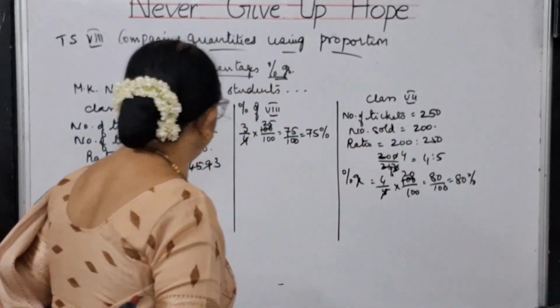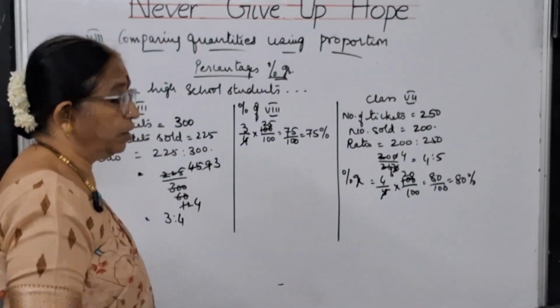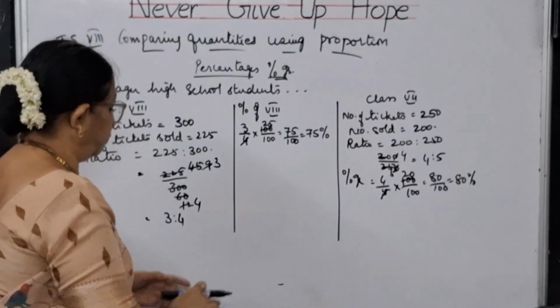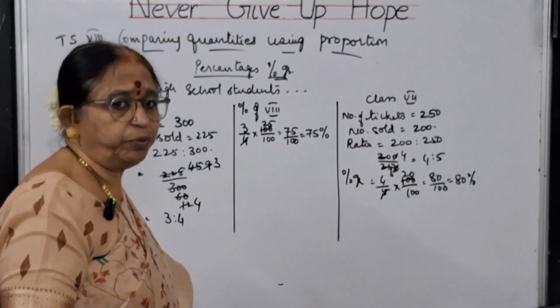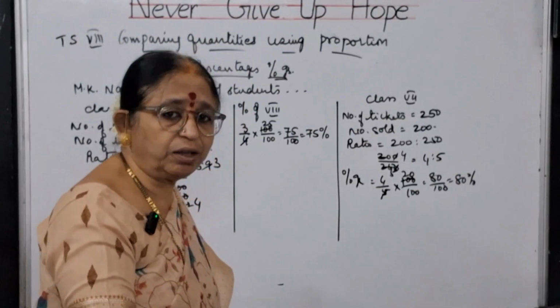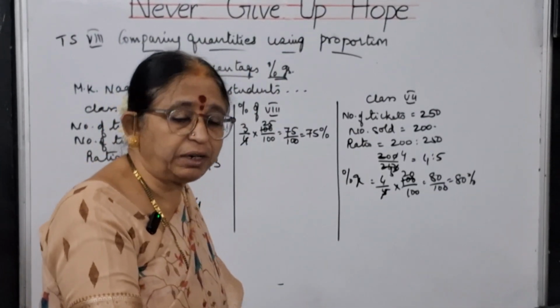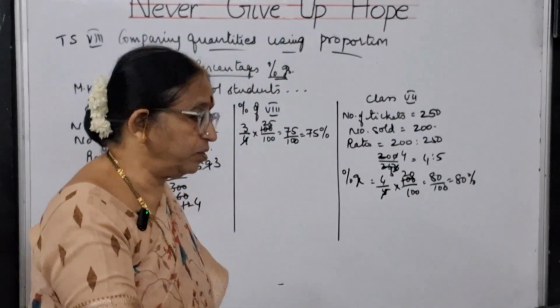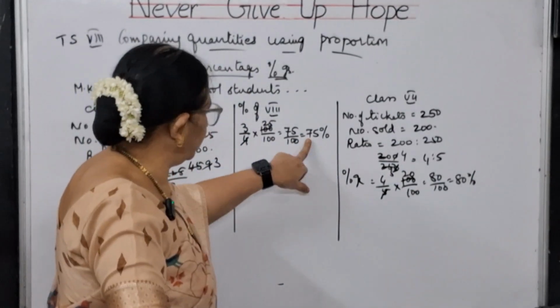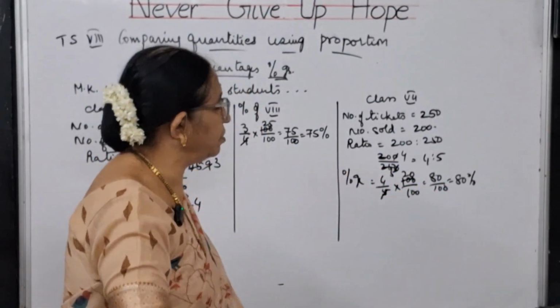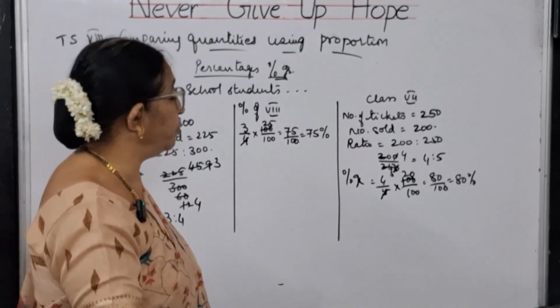So ratio wise you cannot compare, you cannot go for compound ratio. If you go for compound ratio, you will be getting a ratio, that's all. On the whole, a ratio you will be getting, you cannot compare. So if you want to compare it, you have to go for percentages. So here percentage is 75%, here percentage is 80%. So who sold more tickets?